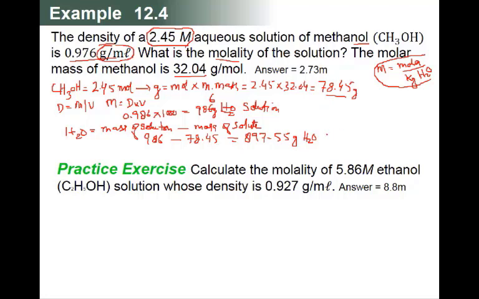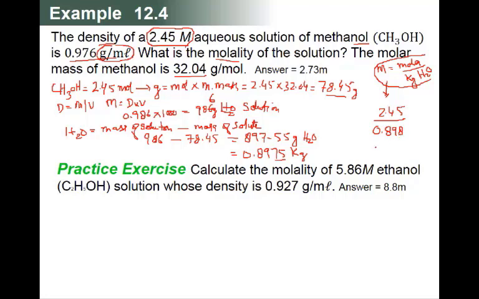And now this gram we change to kilogram. So divide by 1000. So that will be equal to 0.8975 kilogram of water. Now you can use this formula. So mole of methanol is given in the question, 2.45, divided by kilogram of water is 0.8975. This you can round, so become 0.9 maybe.